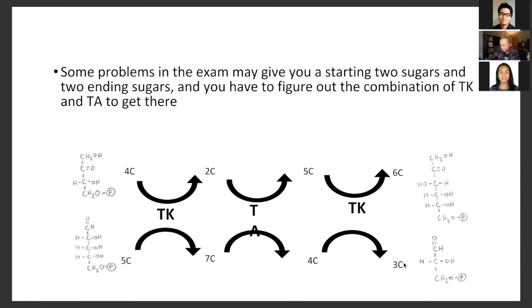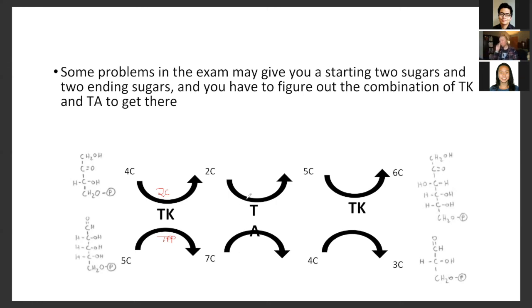The way to do that is to create a succession of transketolase and transaldolase reactions. Here I have a transketolase first, which hopefully you guys remember is a 2 carbon shift. In this case, we're taking 2 from this 4 carbon, so now it becomes 2C, and we're giving it to 5C, so it becomes 7C. So that's a 2 carbon shift. And hopefully you guys remember, this is a TPP mechanism.